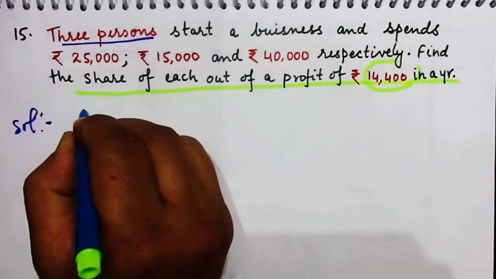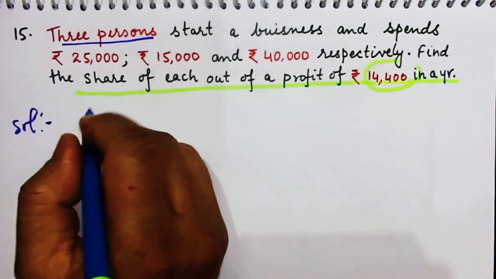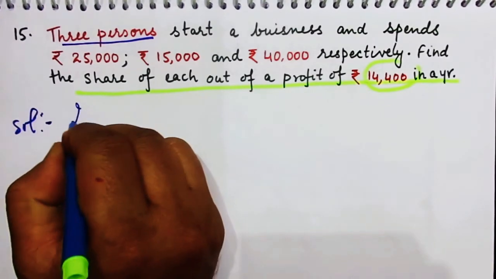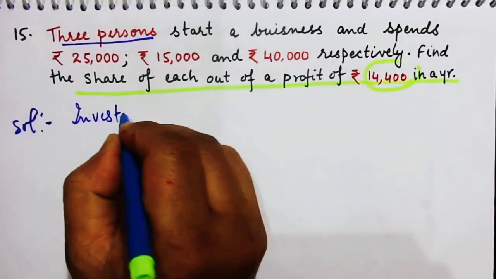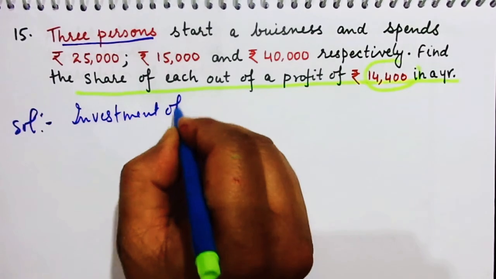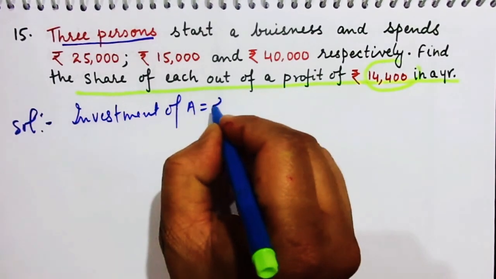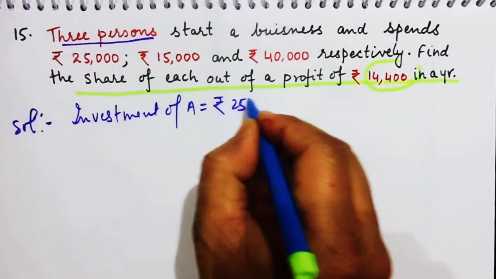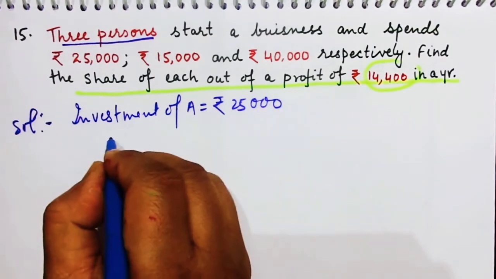Solution. So we are going to write it in. Why? Because presentation matters. Investment of A is equal to rupees 25000.